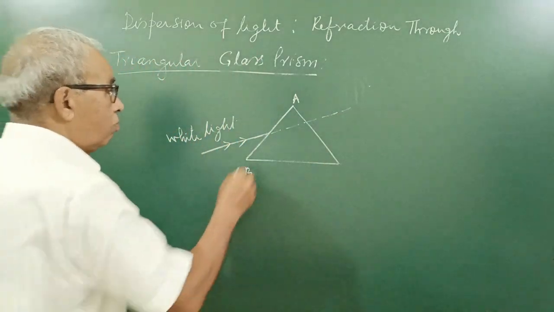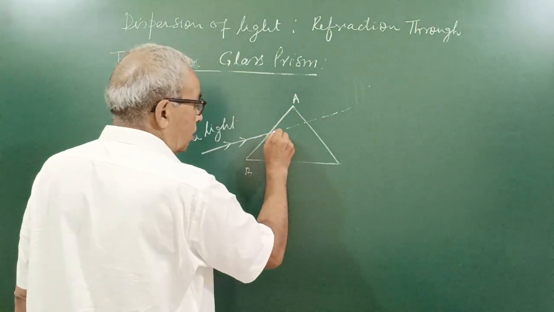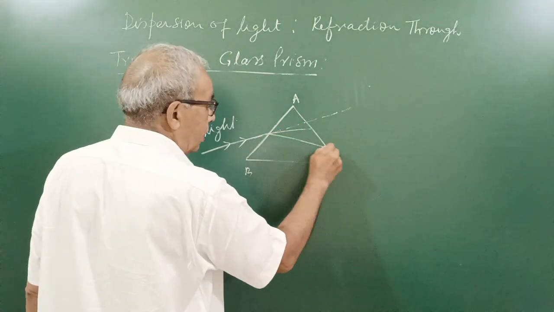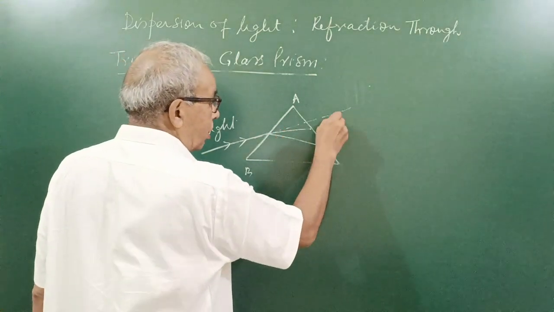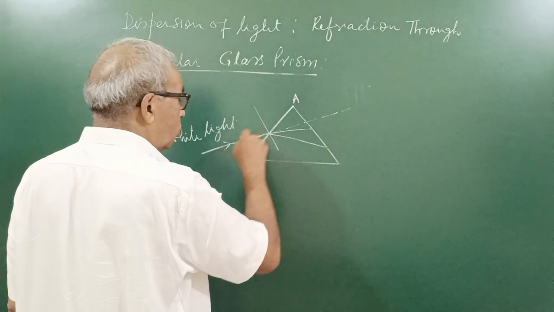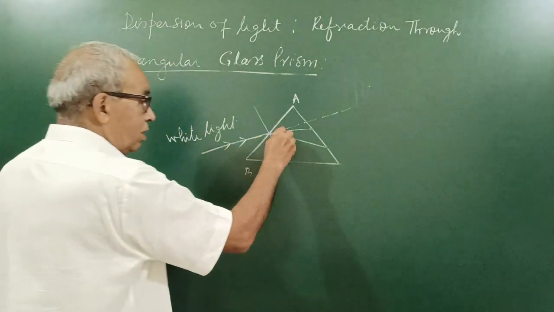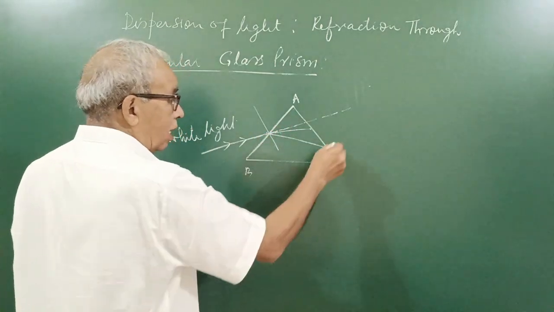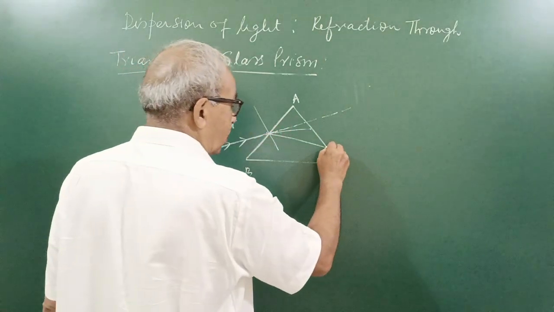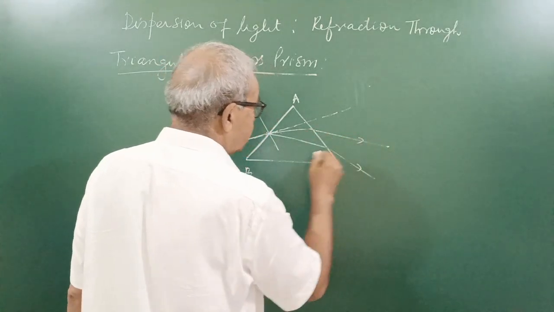But after falling here, it gets refracted this way. And again here, light going from air to glass bends towards the normal. They are bending towards the normal from this path. Again there are normals, they will further bend away from the normal, going from glass to air.